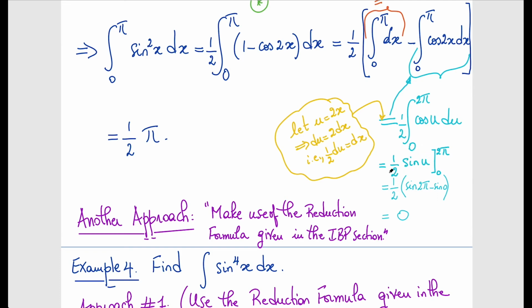Let's take the constant to be 0, and a primitive of cosine u is half sine u, right? And what was u? u is 2x. So what I'm going to write below is half sine of 2x.